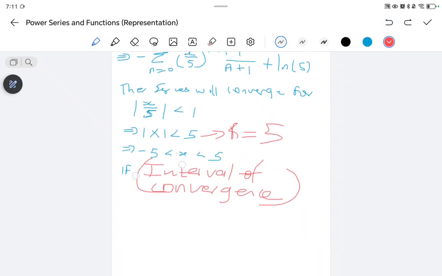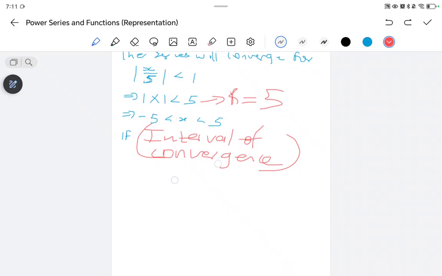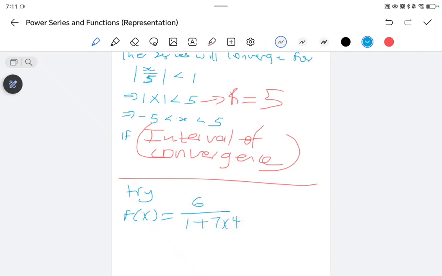So now let's come to these questions that you must try. Remember last time I said that you should try these, right? First, let's try if we are given f of x is equal to 6 over 1 plus 7x to the 4.